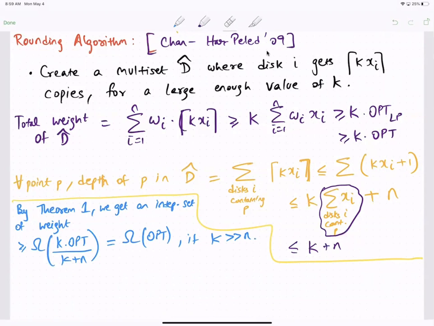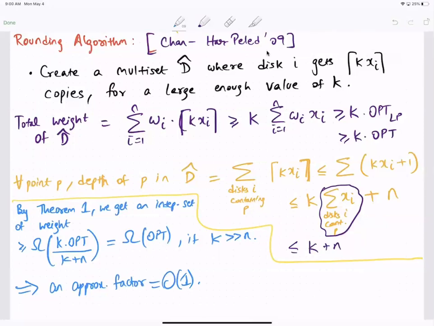So can you see that now theorem 1 is claiming that you'll find an independent set whose weight is opt over some constant, right? And hence this implies an approximation factor of order 1. So that was the beauty of using the LP, and it made sure that you placed emphasis on the right disks. So what did it do?